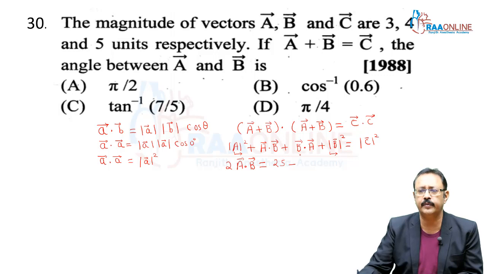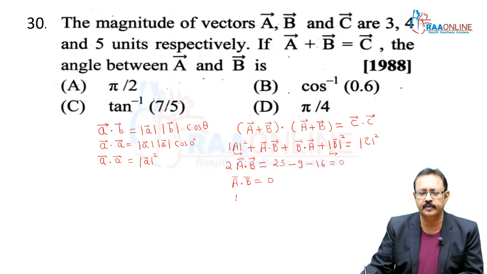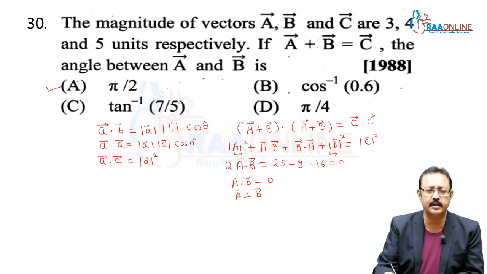Minus mod A square, mod A is 3, square is 9. Minus 16. So we got 0. Means A dot B is 0. Since the dot product is 0, but none of them is a zero vector, it means A should be perpendicular to B. So the angle between A and B is 90 degrees, means pi by 2.